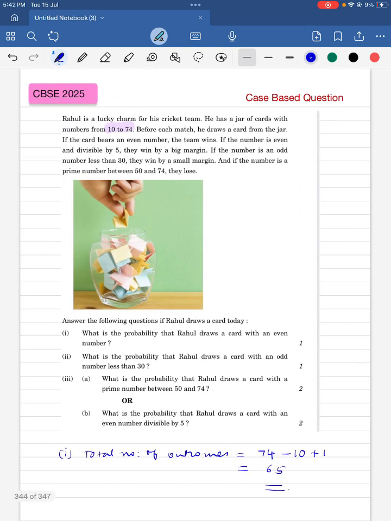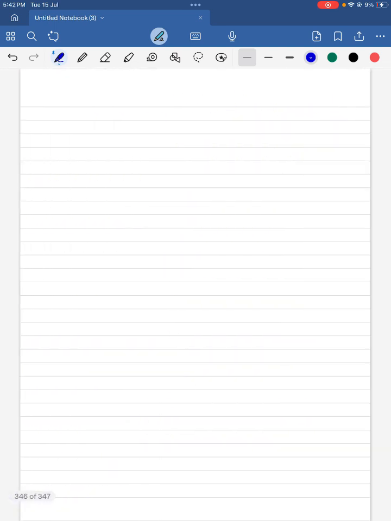Now there's one more part. In the B part, they're asking for the probability that Rahul draws a card with an even number which is divisible by 5. The only even numbers which are divisible by 5 will be multiples of 10. So here the favorable outcomes will be 10, 20, 30, 40, 50, 60 and 70.